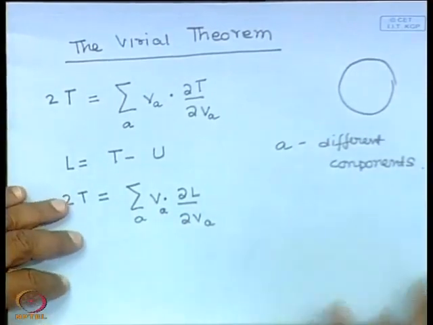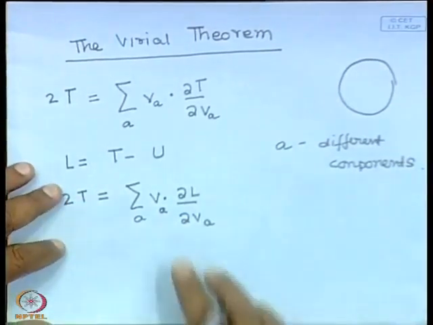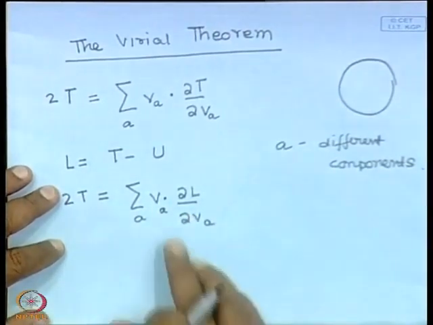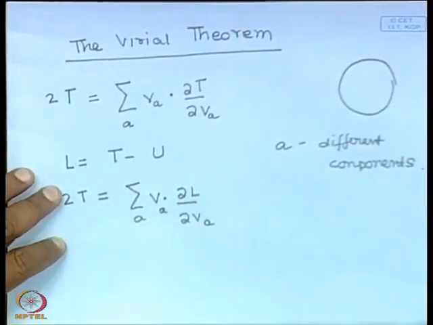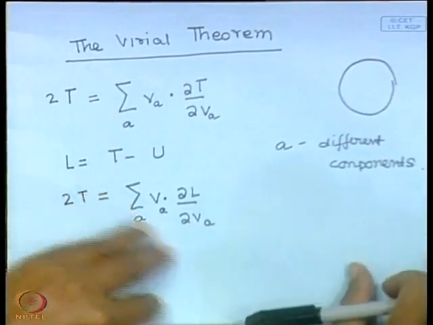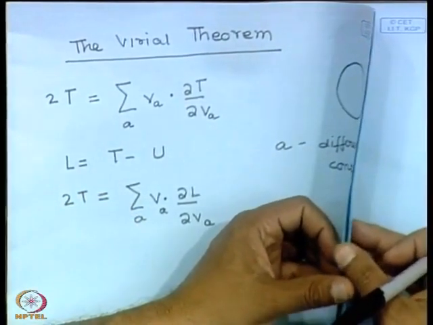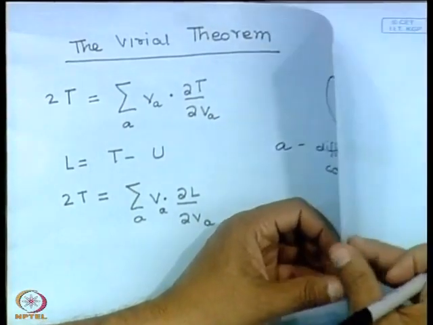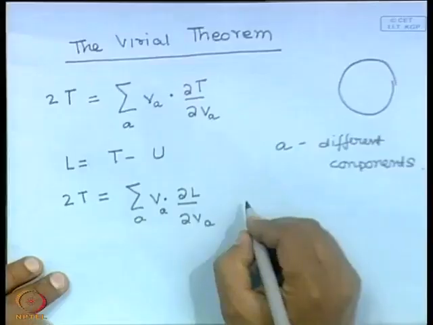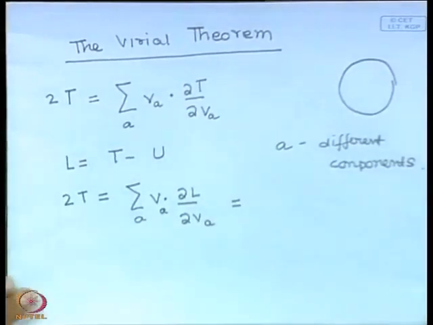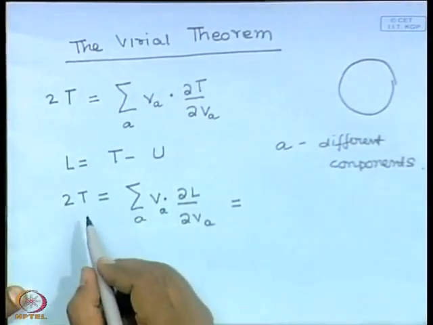Now we also know that del L by del v is the momentum, that is the definition of the momentum, the momentum conjugate to the coordinate.